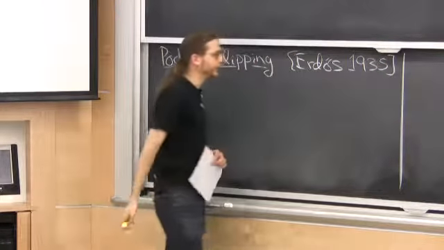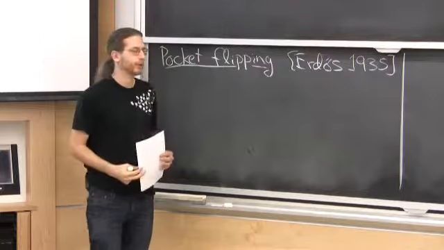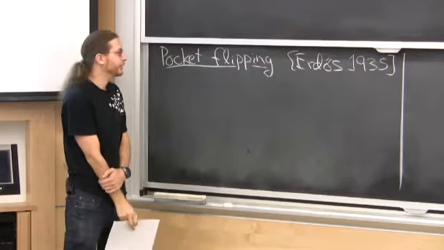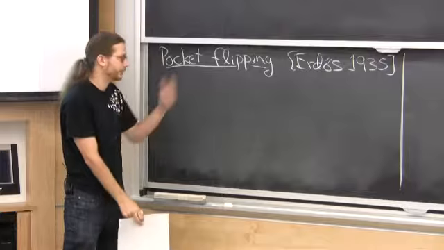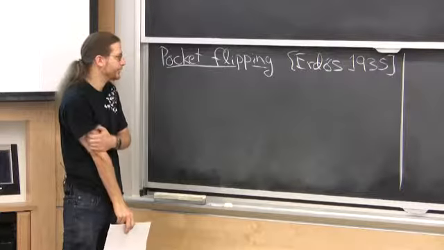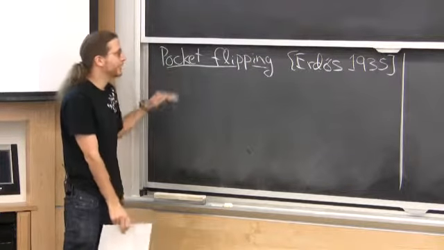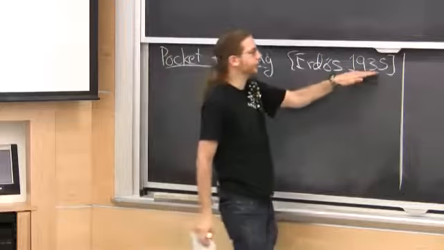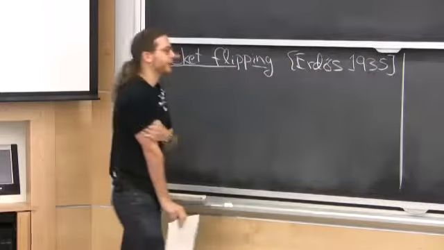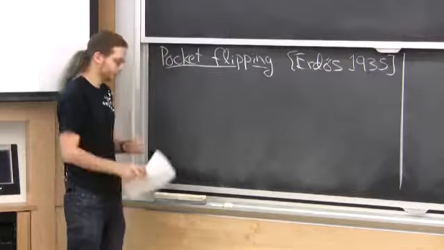Erdős is probably the most famous mathematician of our era. Sadly died several years ago. I never got to meet him, but did a lot of amazing things. And this is in the very early days of his career. As probably a student. He posed this problem, which I will define.